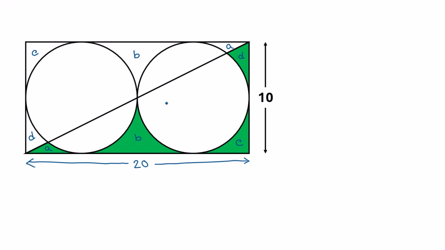And consider the rectangle as A, B, C, D. Then the area of this rectangle is equal to the area of this A plus A, this twice A, plus this B and this B, this twice B, plus this C and this C, twice C, plus this D and this D, twice D, plus the area of these two circles.